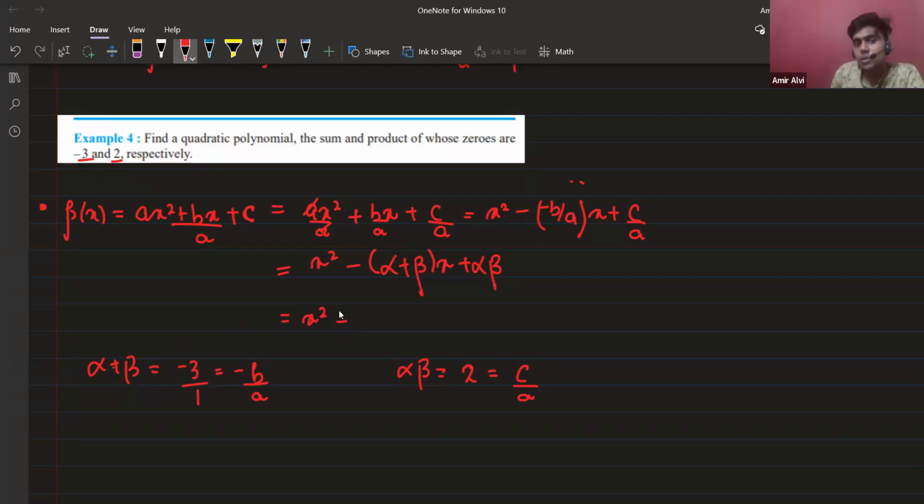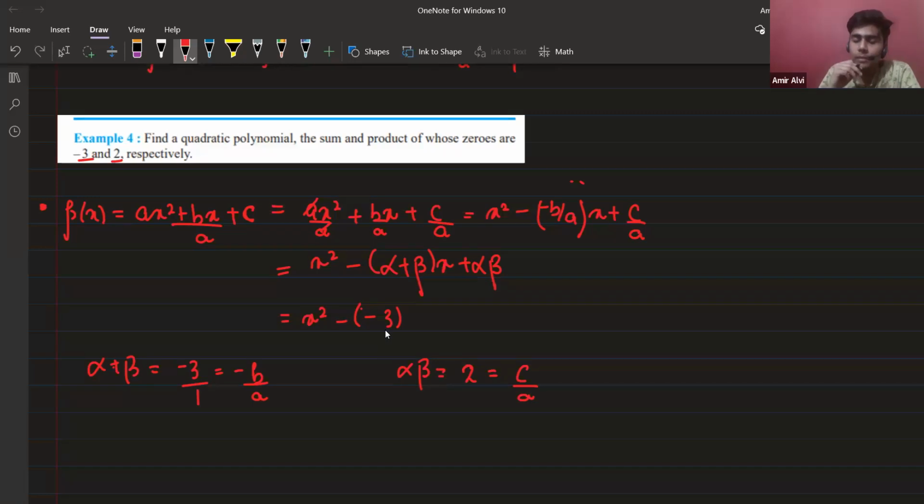Hiba, it is minus of 3. We will consider the negative sign itself. In x square minus (alpha plus beta), so x square plus 3x. I'm saying the final answer.